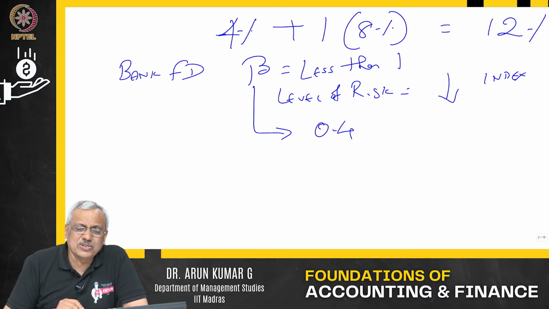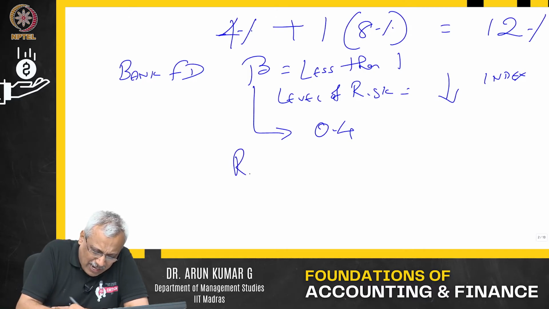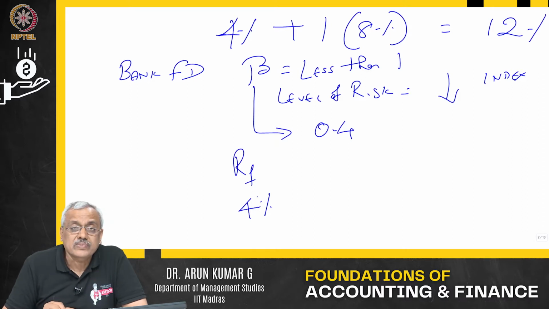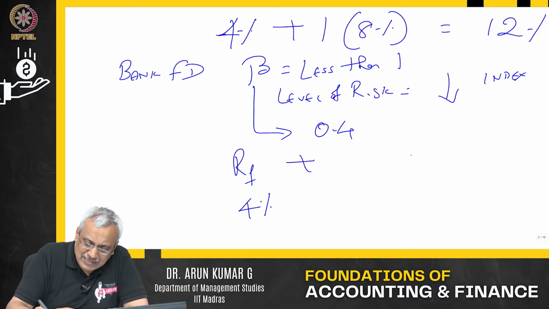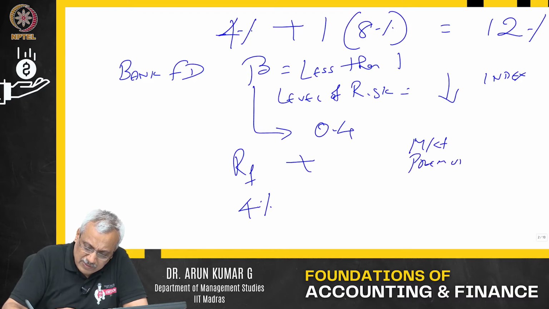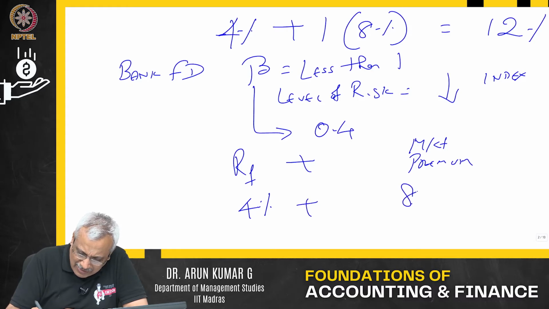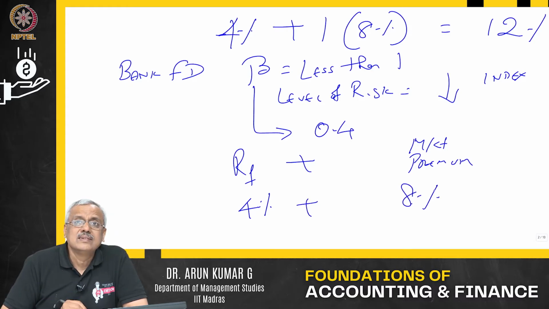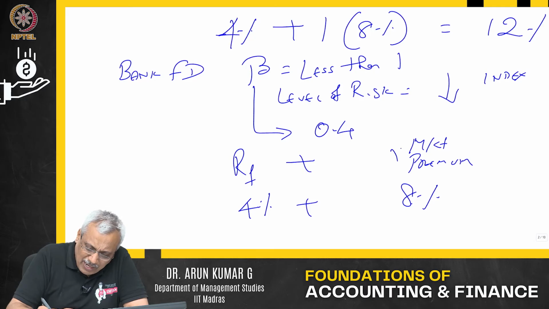Then what is the return you should get? You should minimum get my RF, that is 4%, plus the market premium of 8% multiplied by the beta of the investment.